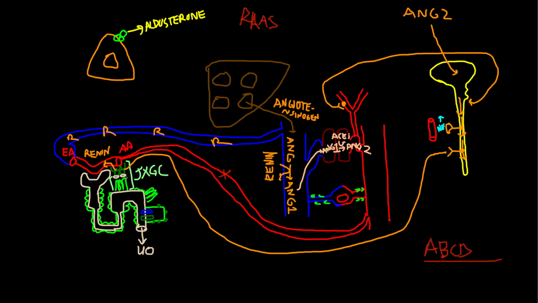They're separated by some connective tissue, and these cells are your macula densa cells, and they are chemoreceptors because they detect sodium. So sodium gets brought out into the interstitium, 65% here, 25 here, and 10 here.